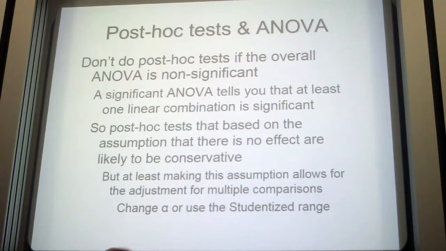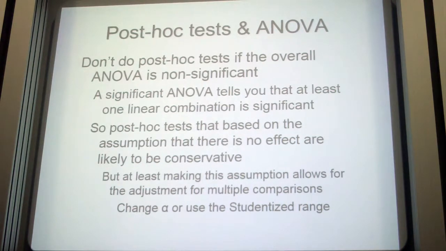If you make sure that the ANOVA is significant and then do your post-hoc tests to try to find out where that difference is, we know they're going to be slightly conservative because all of these have been based on the assumption there is no difference. With the studentized range, you're drawing 3, 4, 5, 6, however many samples that are themselves all identical and looking at the differences.